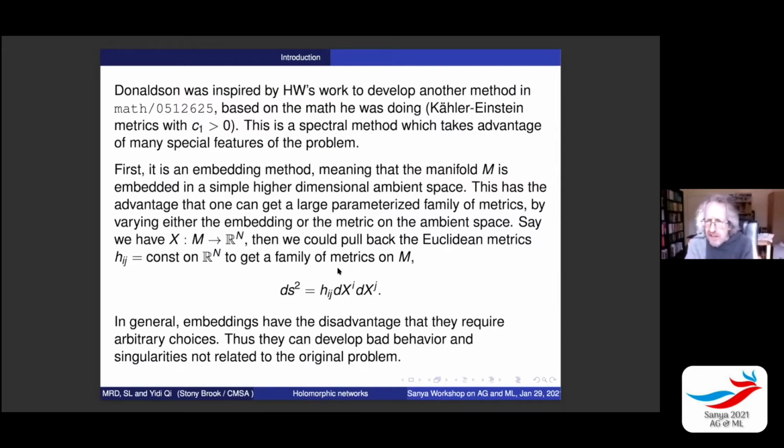And in machine learning, the standard first example of an embedding method is what's called Laplacian eigenmaps, where you take a graph and the graph Laplacian and take the eigenfunctions of that graph Laplacian, and then you regard the set of eigenfunctions as mapping each point of the graph into some Euclidean space. And so this is a nice, very natural embedding.